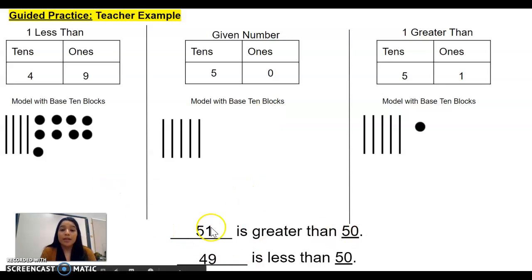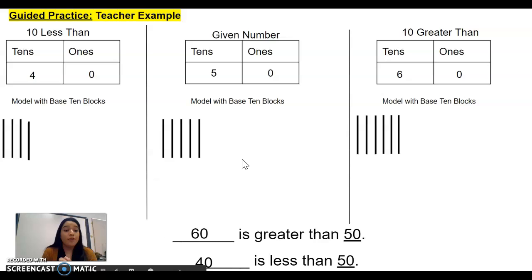Then at the bottom right here, we said 51 is greater than 50 because we have 1 more in the number 51. So 51 is greater than 50. And then our less, we had to take away 1. So that number that we got when we took away 1, that is our less than. So 49 is less than 50 because it has a smaller amount. It's a smaller number than 50.